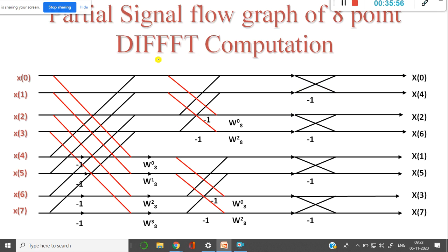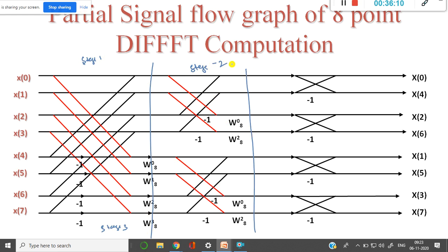This was stage 3 in DIT FFT, but here it is stage 1, and this was obviously stage 2 in both cases. But this is stage 3 in DIF FFT, whereas it was the first stage in the DIT FFT method, right? So this is how we obtain the calculation of the DIF FFT method.